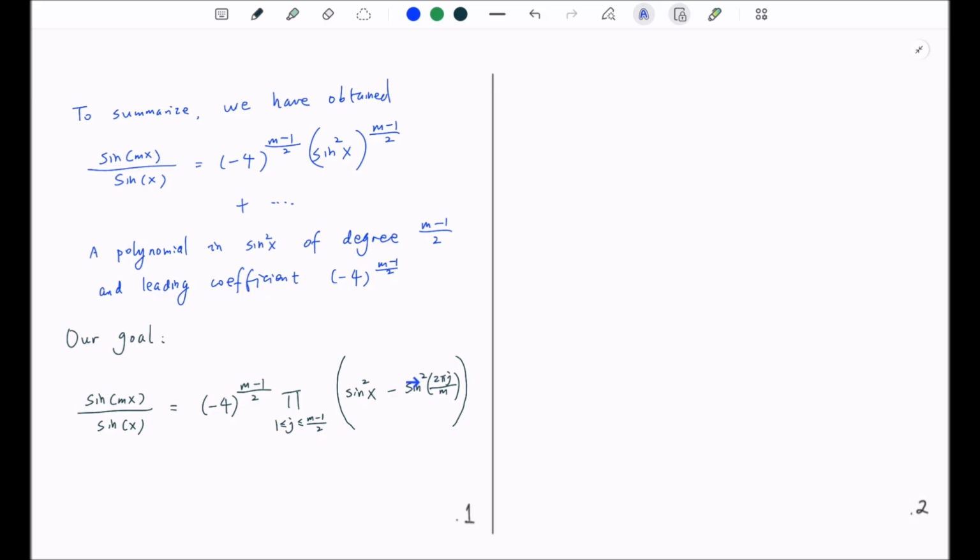And those numbers are actually distinct. So by the unique factorization theorem for polynomials, we know sine of mx divided by sine of x must take this form. And I'm going to write this as claim 2. This is our last step.